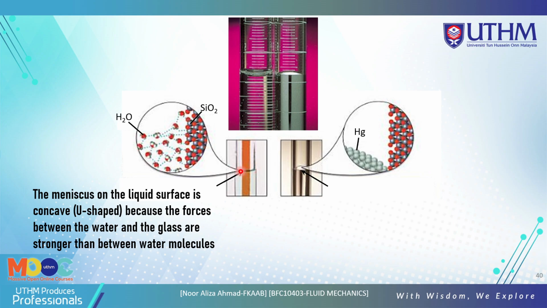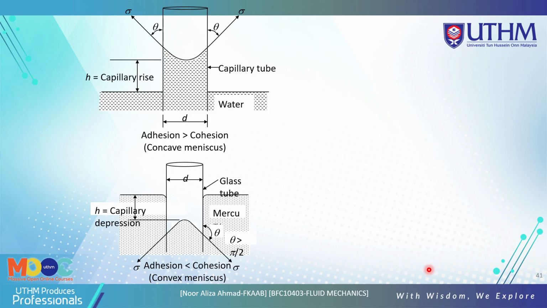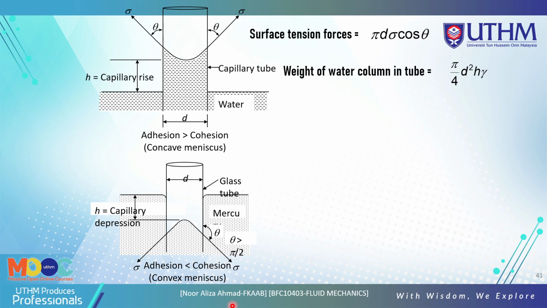But for mercury, the meniscus on the surface is convex, or dome shape, because the attractive forces between mercury atoms are stronger than the attraction between mercury and the glass. So this is the concept of surface tension force and the capillary tube.